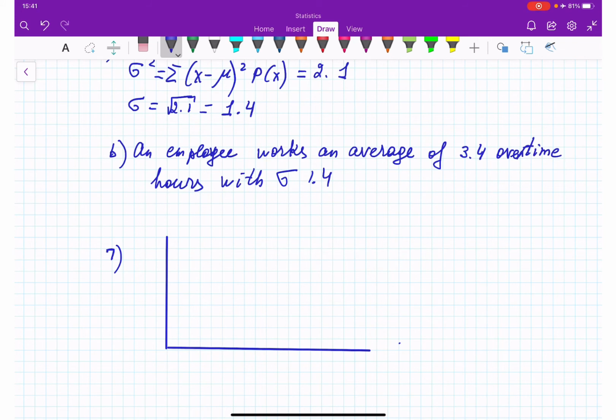I'm starting, 1 is coming from here. One, two, three. And then another one goes much higher. And then it's coming down, and a little bit more.